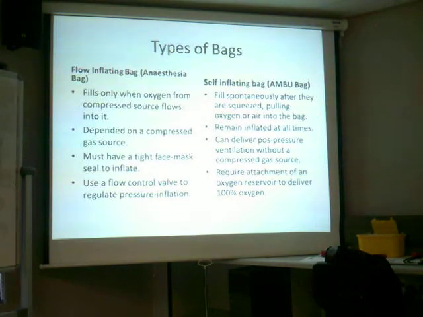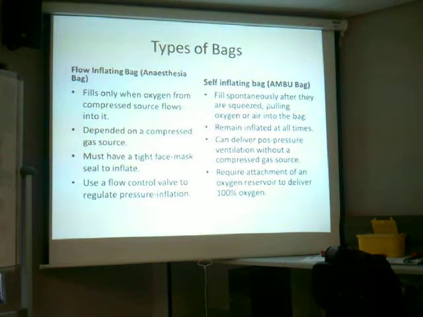Types of bags. Okay, now what does this refer to? We've talked a lot about the ambu bag, or the bag valve mask, which is a self-inflating bag. We also get a flow inflating bag, which they usually use in anesthesia. The flow inflation bag only fills when the oxygen from a compressed source flows into it.